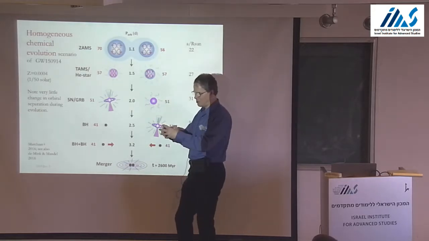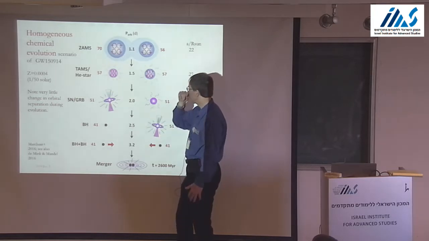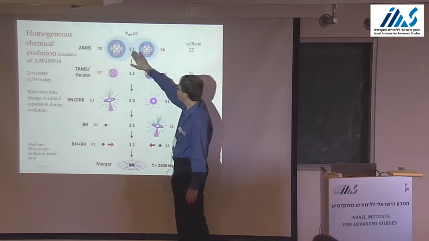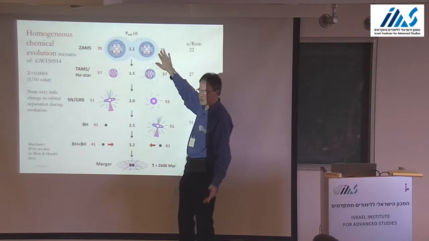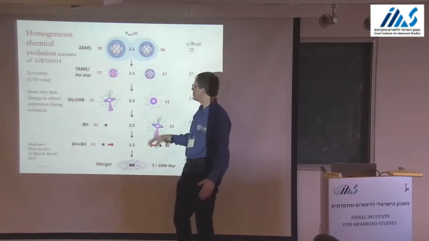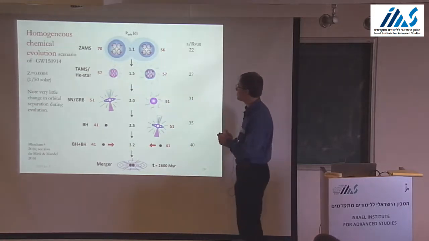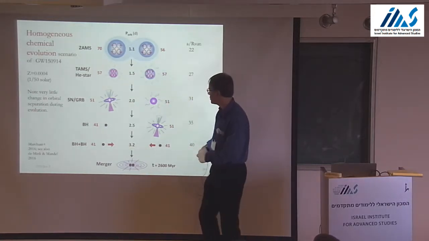It just turns from a hydrogen main sequence star to a helium main sequence star with no giant branch in the middle. So I can start off with a system of 70 plus 60 solar masses with a 1-day orbital period, and I end up with 2 helium cores and a 1.5-day orbital period, and they're both 60 solar masses. They've had a little bit of wind loss.